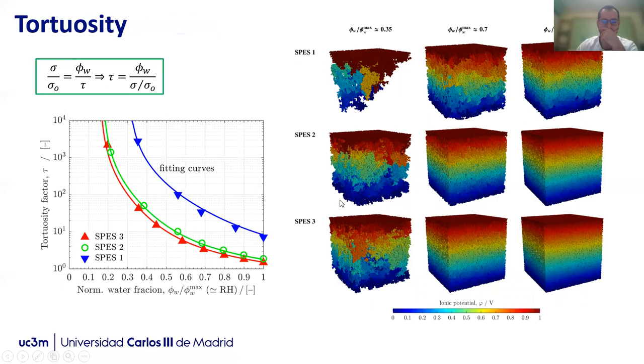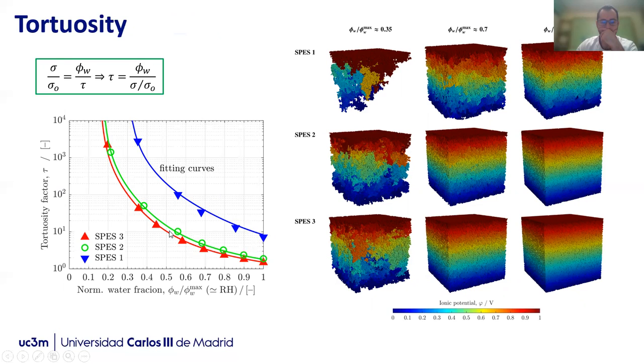Then we can extract very interesting things from the model, for example, the tortuosity factor as a function of the relative humidity. We can see that for space 1, the one with a very low degree of sulfonation, the tortuosity is much higher compared with the other 2.